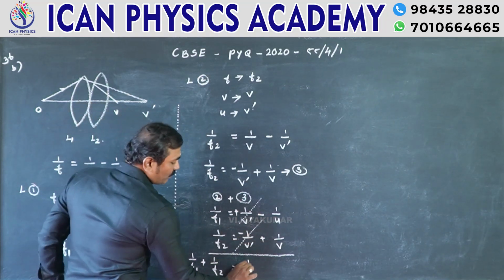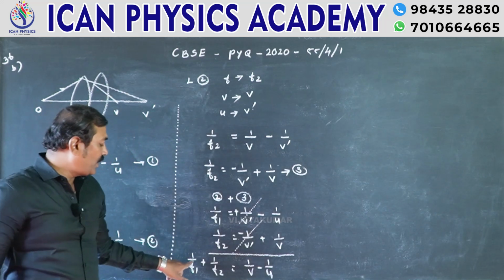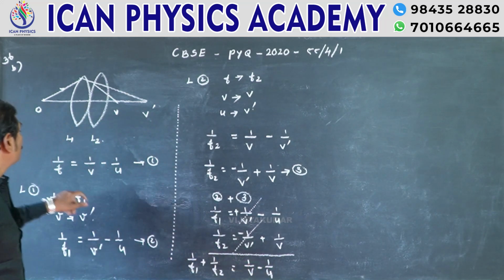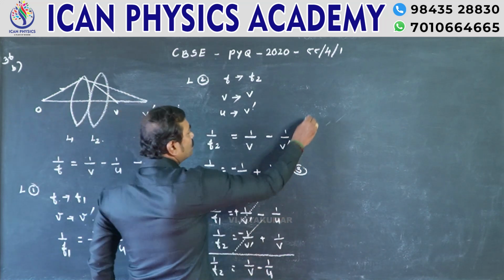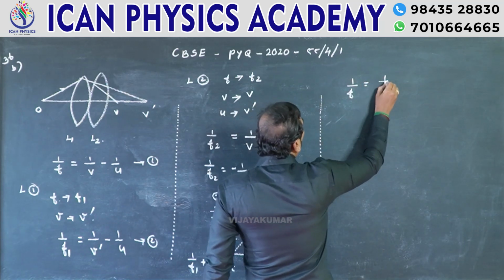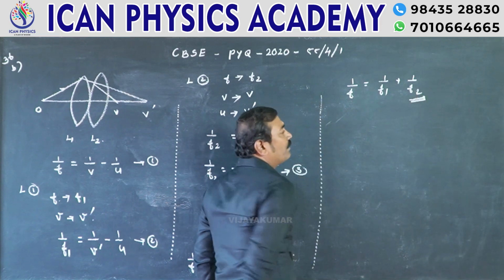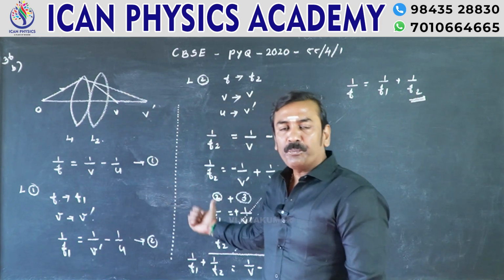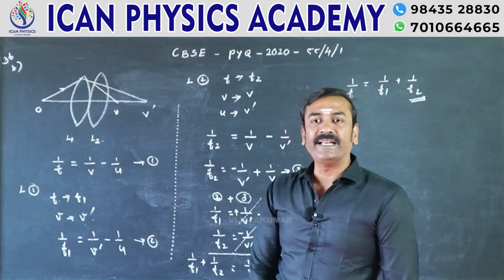So it becomes 1 by v minus 1 by u. So what is 1 by v minus 1 by u? That is 1 by f. So 1 by f equal to 1 by f1 plus 1 by f2. This is the focal length of the combination of convex lenses when coaxially placed.